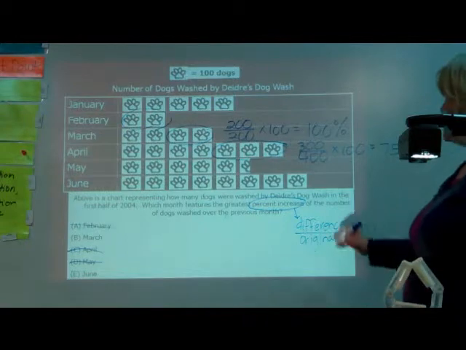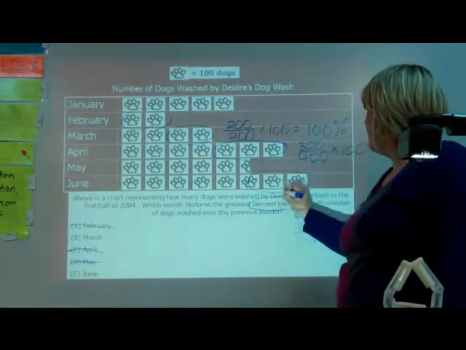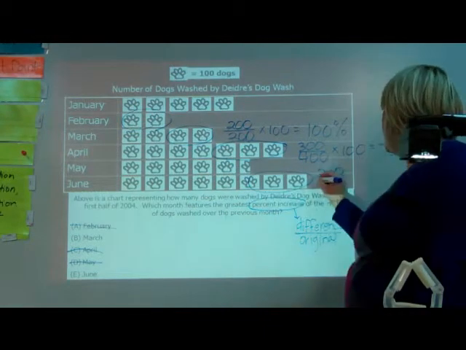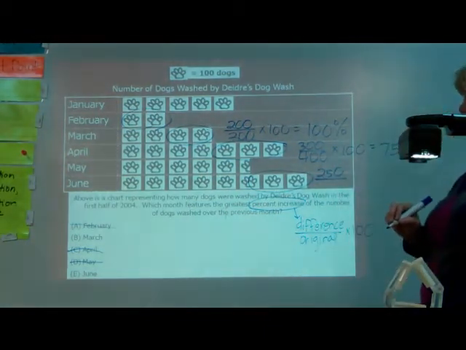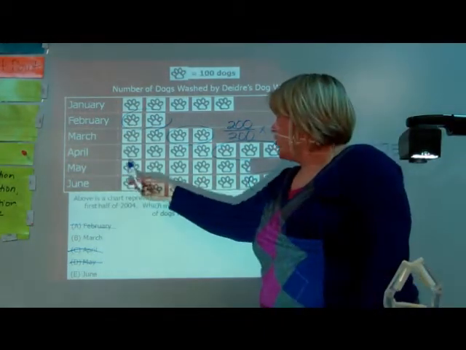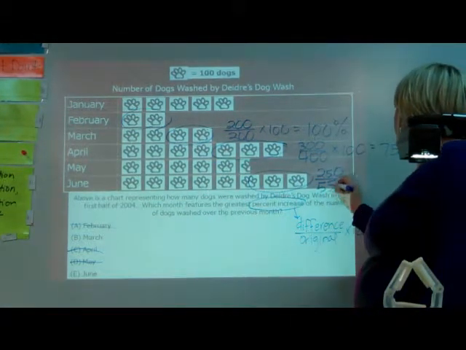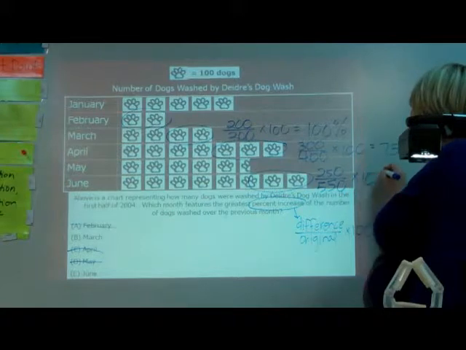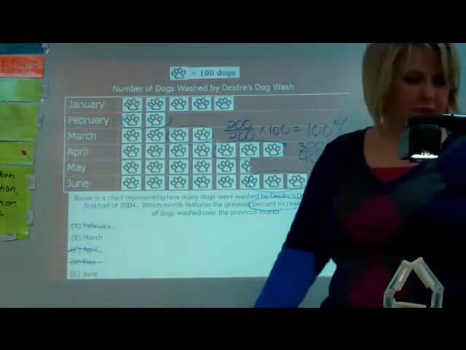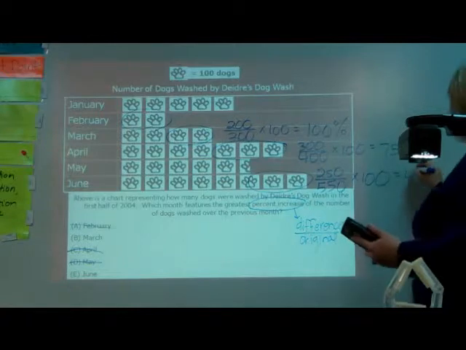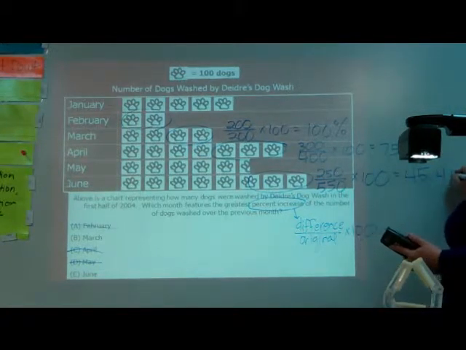And then June, she had a 250, right, because there's half of a paw there. 250 dog increase over 1, 2, 3, 4, 5, 550 dogs originally. Which is obviously not going to be the right answer because that's going to be less than 100%. Let's see what that is. It's like 45.45 repeating.